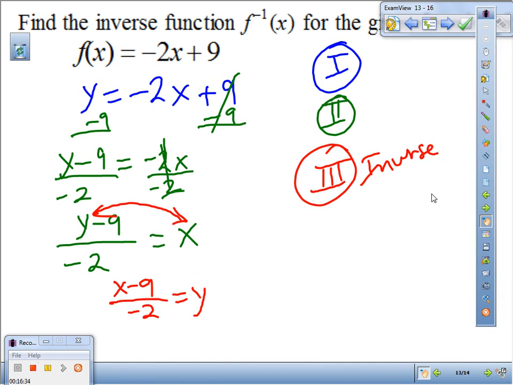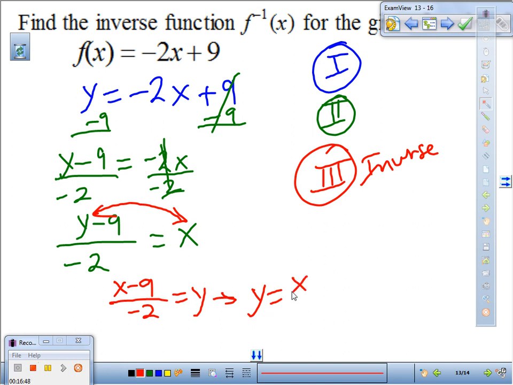Are we there so far? Am I done? No. I usually tell you to turn it around. So check this out. Look up, please. Turn it around. So I write y equals x minus 9 over negative 2. And what do we do at the end once we have it like that? Function notation.